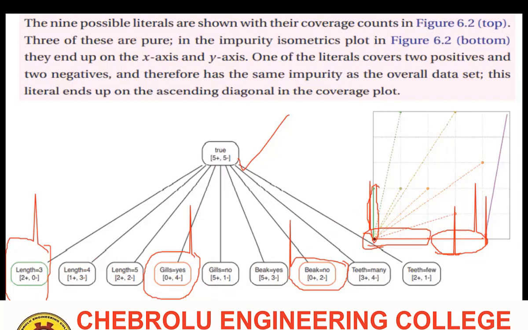Similarly, we can consider all the other literals. This is shown as 5 positives and 1 negative. Then the angle is shown here. If the angle gets increased, it is going towards negative.